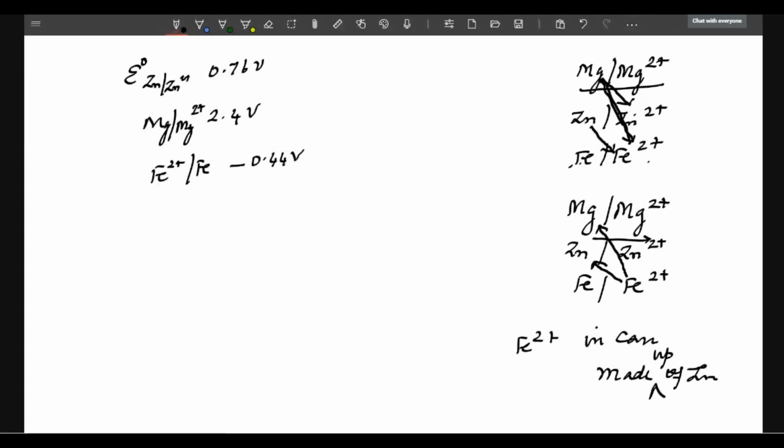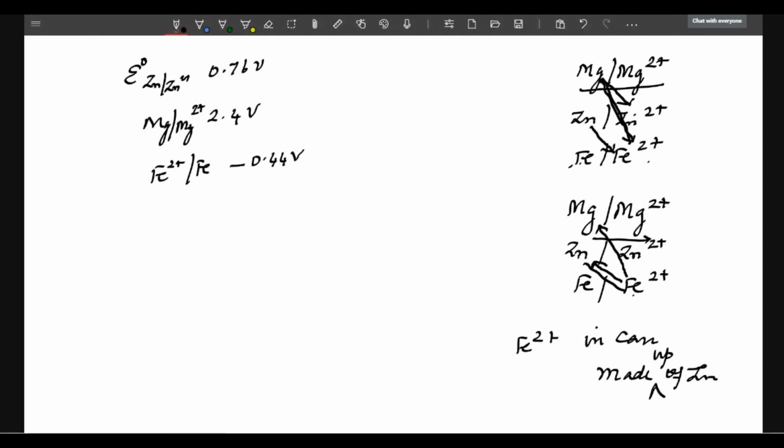The answer is, if you keep iron 2 plus in the zinc can, iron 2 plus will definitely react with the zinc, converting it into zinc 2 plus. After a few hours, the can would leak, because zinc would be getting converted into zinc 2 plus and no more zinc can would be present.